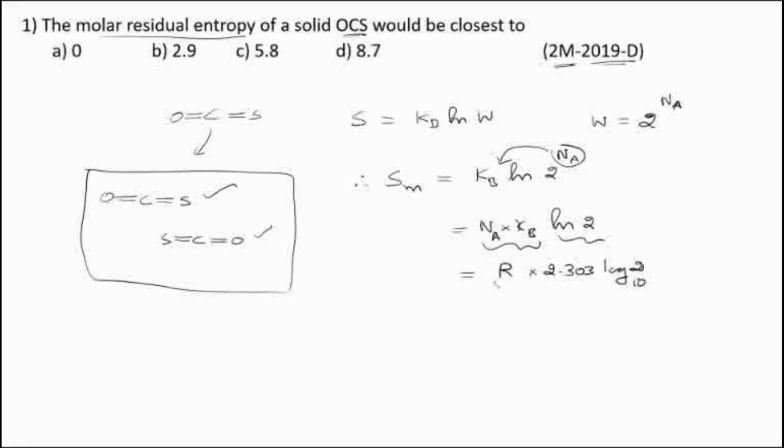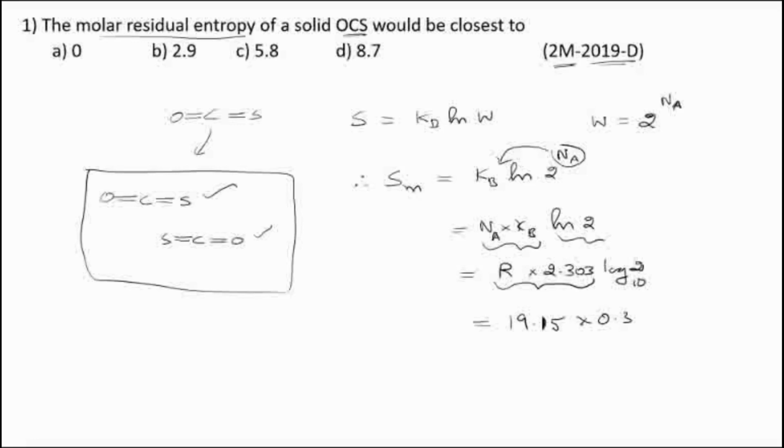Students, keep this in your mind: R value is 8.314 in joules. If you multiply R value and 2.303, you will get 19.15. This is very useful data, just keep this in your mind. And log 2 is 0.3010, let it be 0.3.